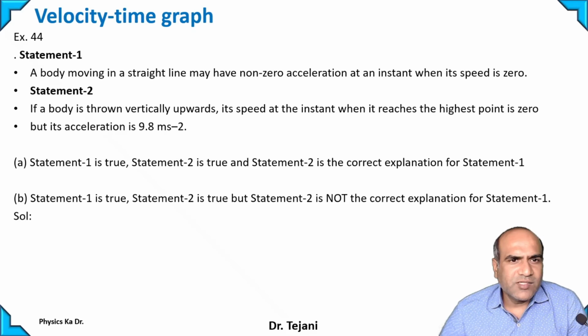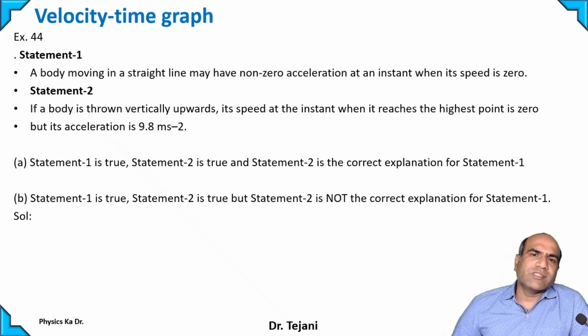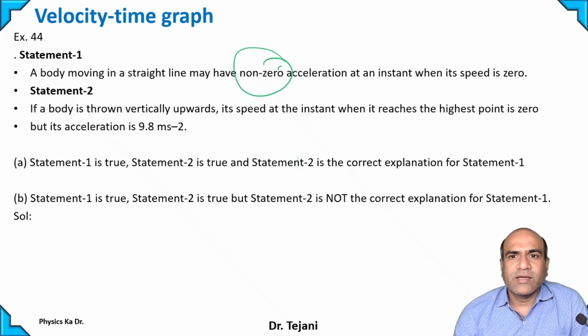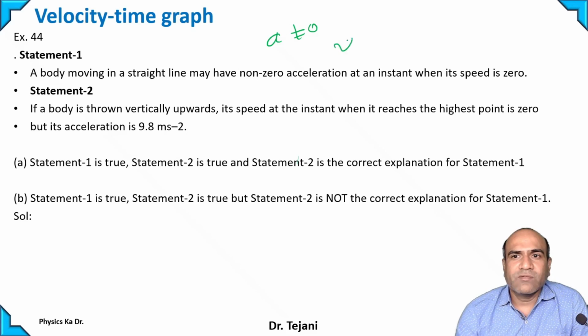Is it correct? Statement 1 says that a body moving in a straight line may have non-zero acceleration. That means acceleration is not 0, but velocity is 0. And we know that when a body is thrown vertically, when it reaches the top, velocity is 0, but acceleration is equal to minus 9.8.